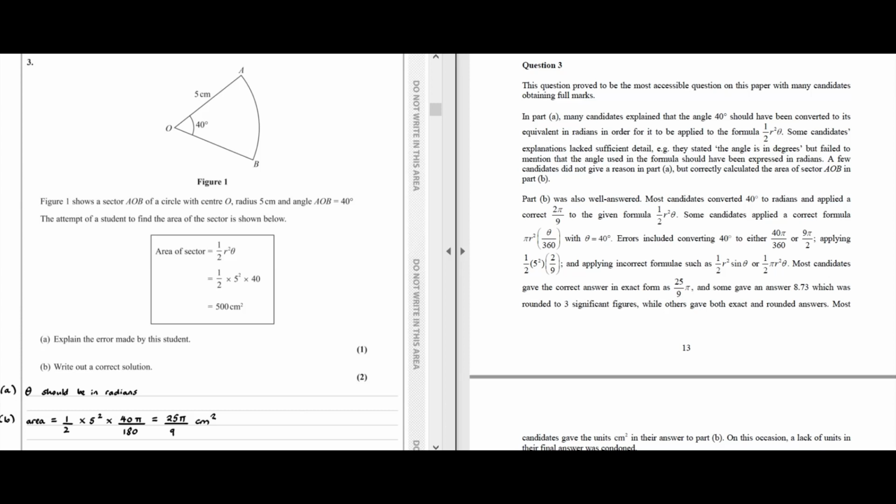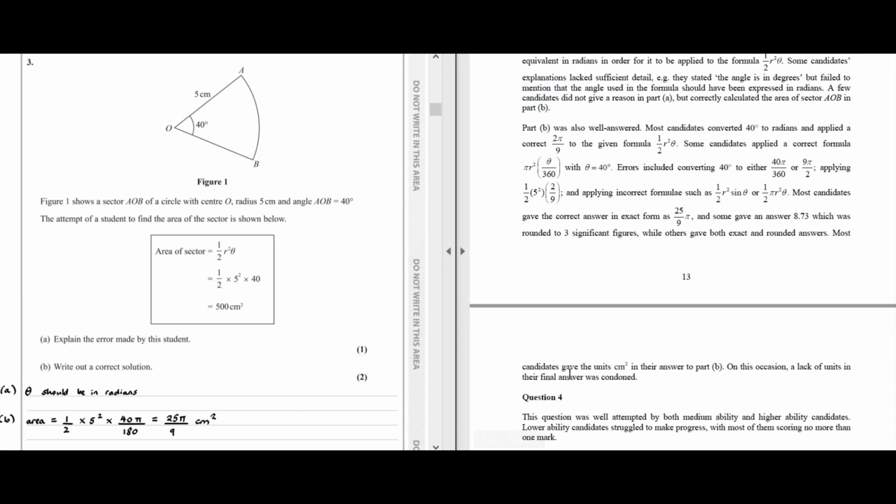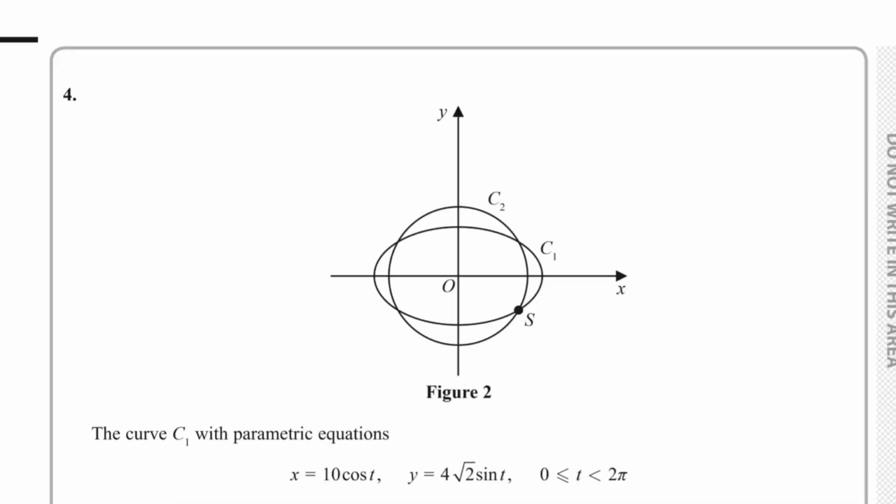Errors included converting the 40 degrees to either 40 pi over 360 or 40 pi over 2, and then they subbed it into the formula and got an incorrect answer. Most candidates gave their units, which is centimeters squared, to Part B. A lack of units in this question was condoned.